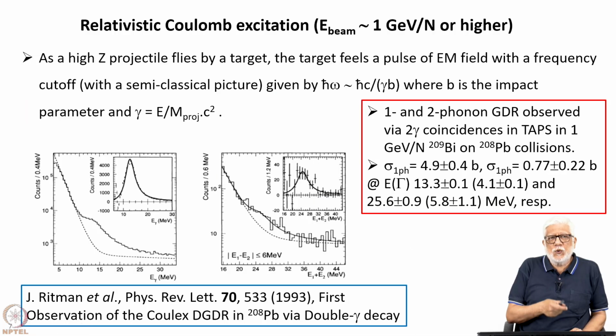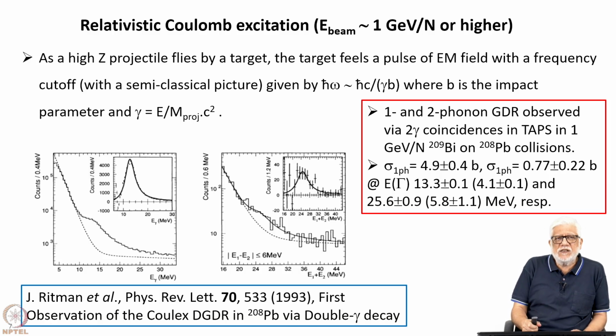Okay. Just as you can have Coulomb excitation with beam energies of the order of 5 MeV per nucleon or less, you can also have relativistic Coulomb excitation at beam energies of the order of 1 GeV per nucleon or even higher. So what happens here is that as the high Z projectile flies by, the target feels a pulse of the electromagnetic field with a frequency cutoff.